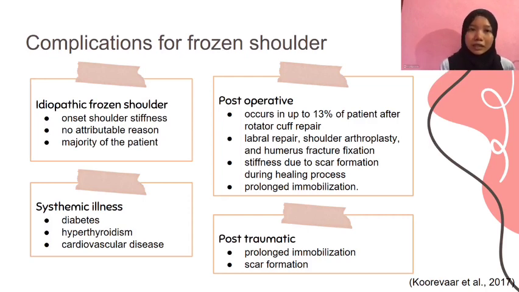Prolonged immobilization to protect a surgical repair may also lead to stiffness. For the post-traumatic frozen shoulder, arm or shoulder injury may result in a frozen shoulder from prolonged immobilization and scar formation during the tissue healing process.